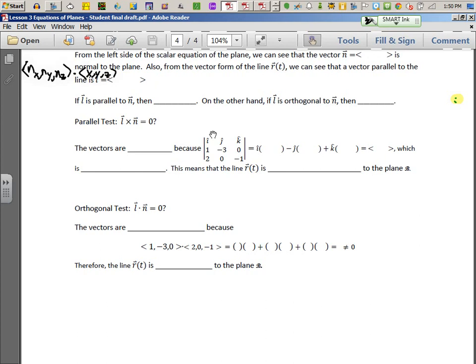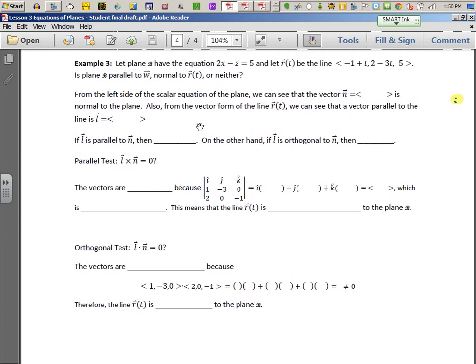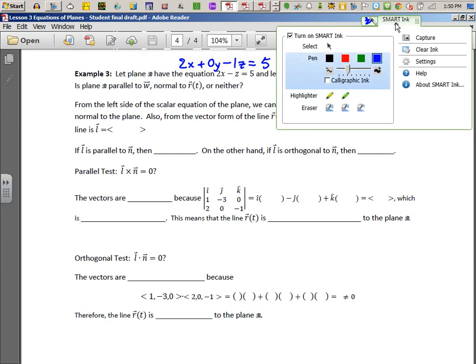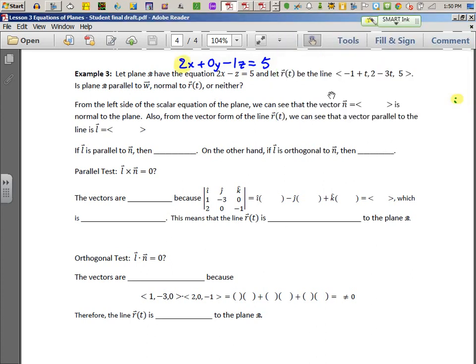And we already know that this particular plane has this equation, so I'm going to write it above here. It's 2x plus 0y minus 1z is equal to 5. If you look very closely, you see that these three numbers represent the vector n. So that vector is the 2, 0, negative 1 vector.